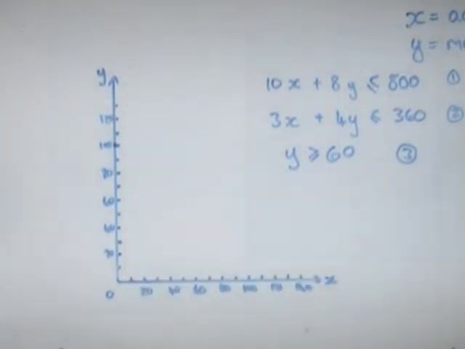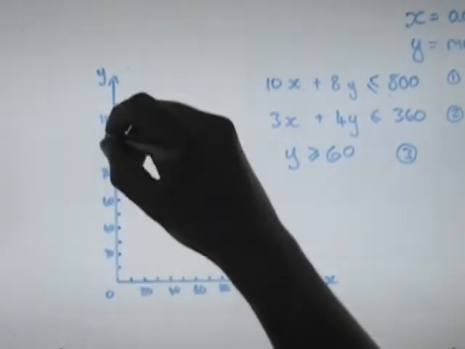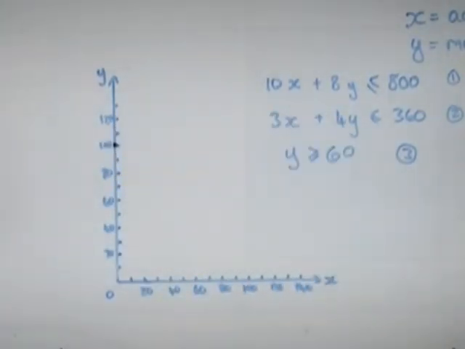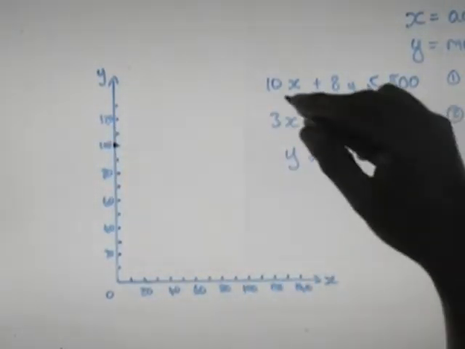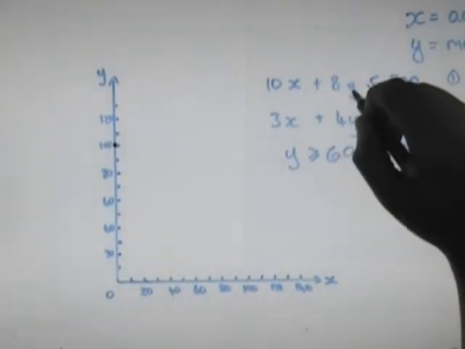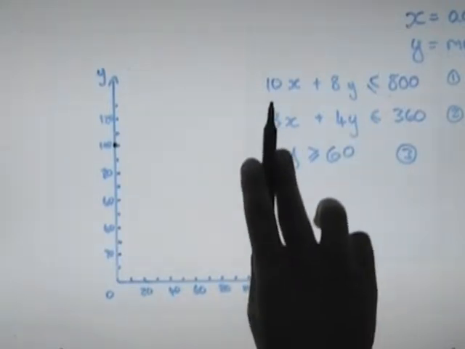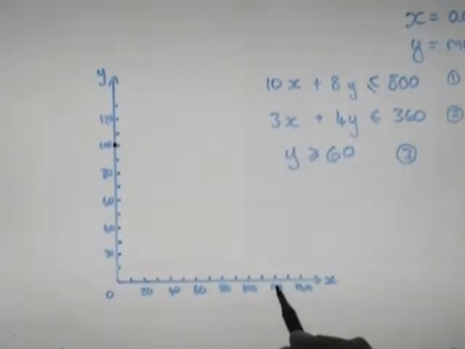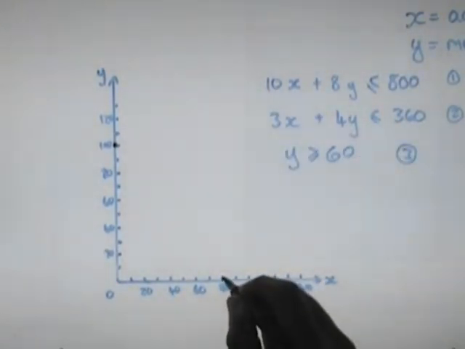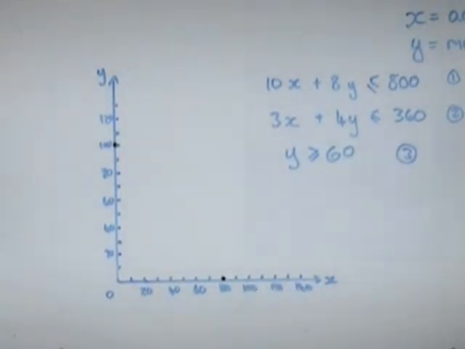So that's the first point. I'm going to sketch it in a different color. The second point of that straight line is when y is equal to 0, that lies on the x-axis. It means that 10x is equal to 800, which means that x is equal to 80. 800 divided by 10.